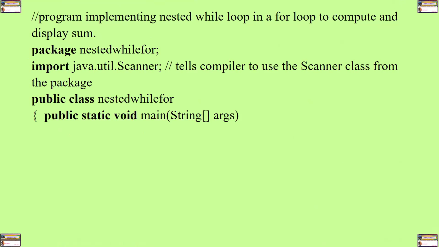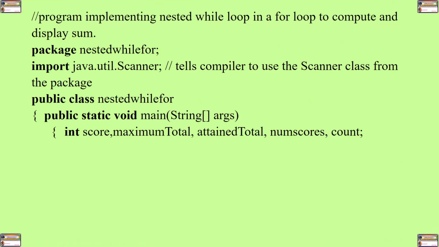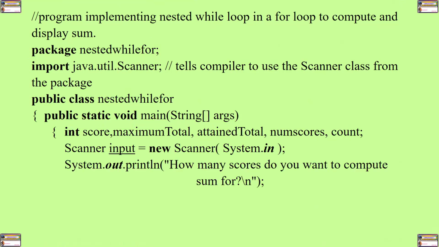Under it, we have our main method, which is public static void main. Then we declare 5 variables, which are count, numScores, attainTotal, maximumTotal, and score of type integer, and an object called input of type Scanner.